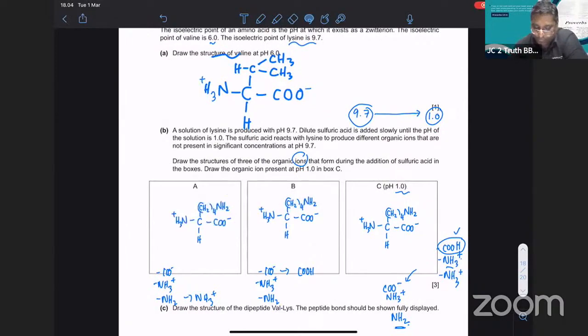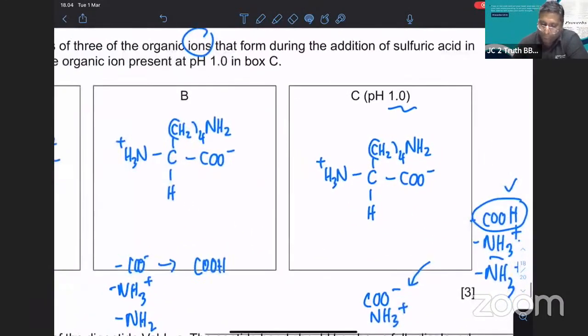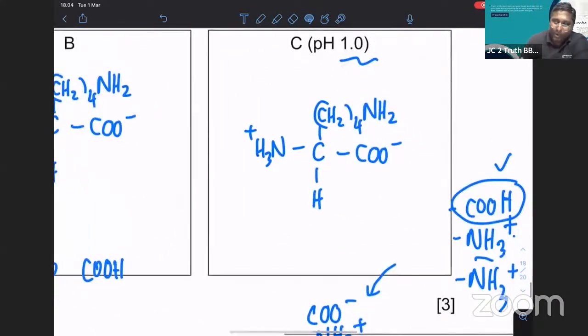Now, what happens over here if you have pH 1? This COO minus, the H plus will come over here. So I will erase this part, and you are going to get COOH.